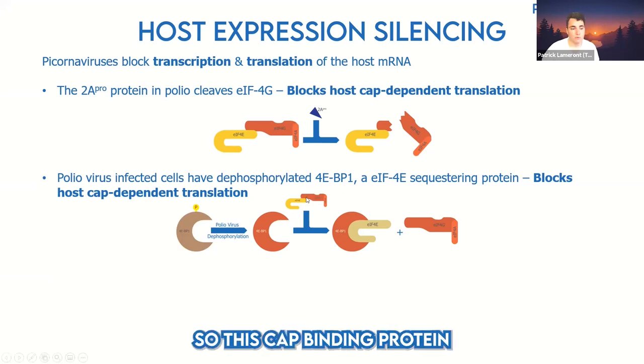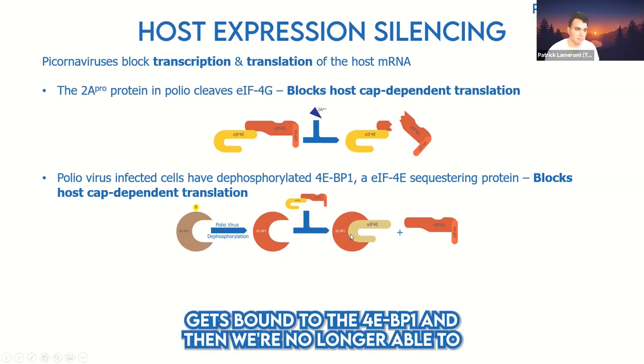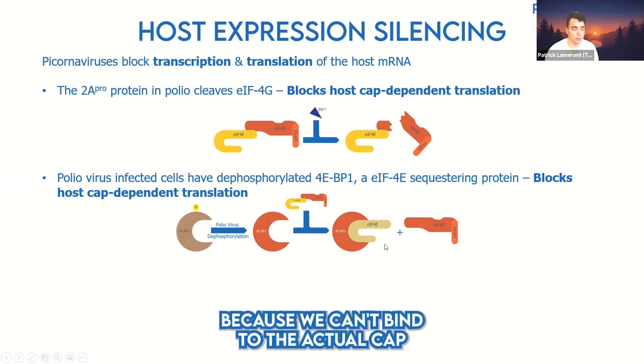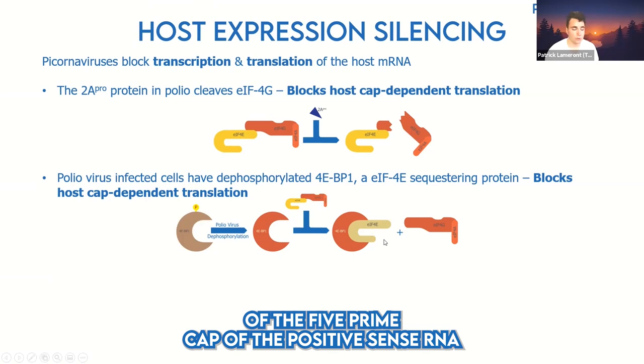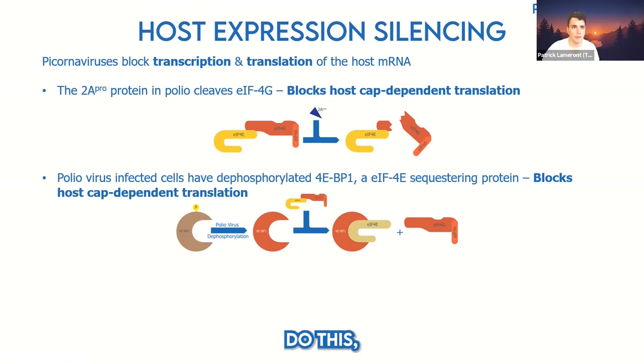So when this protein is dephosphorylated, the cap binding protein gets bound to the 4E-BP1, and then we're no longer able to create the initiation complex because we can't bind to the 5' cap of the positive sense RNA. And also a number of other viruses, picornaviruses, do this.